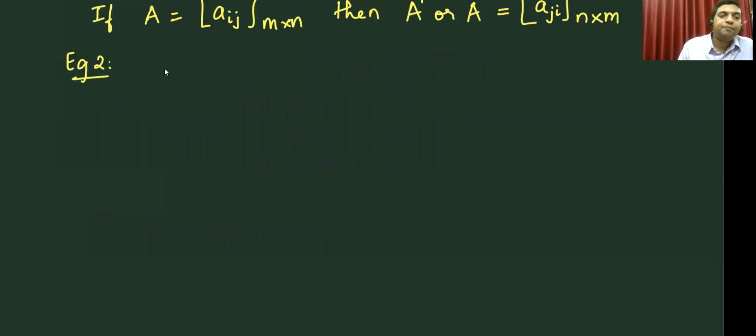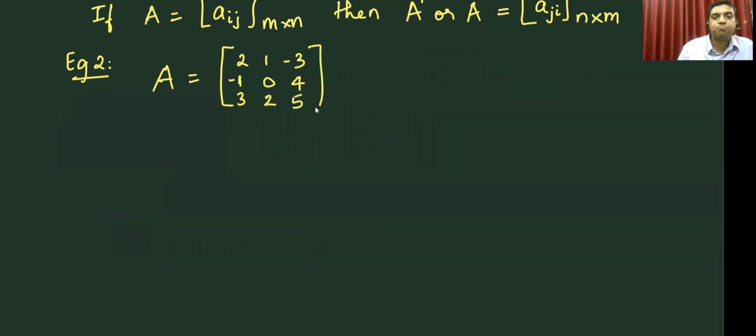Example 2. Let's take a 3 by 3 matrix. Okay, this is a 3 by 3 matrix.